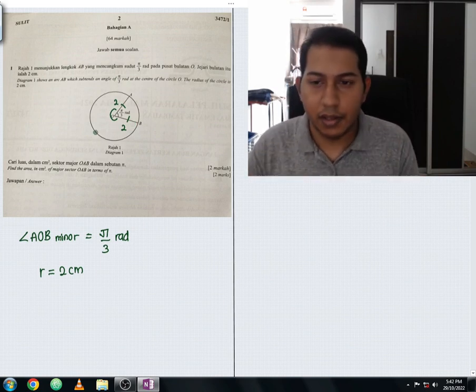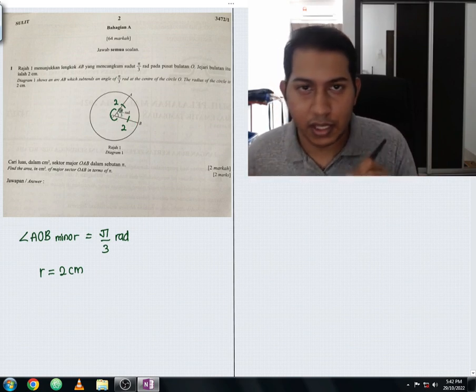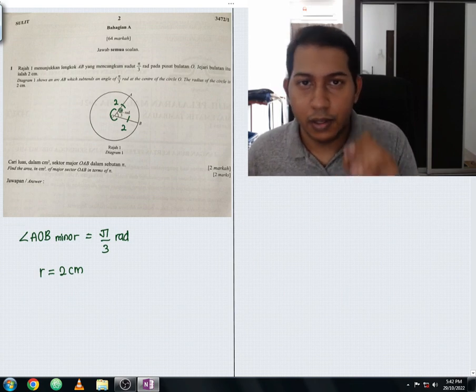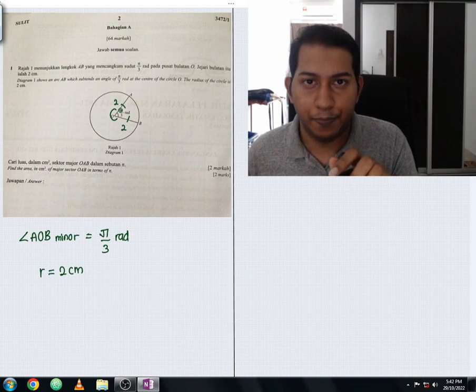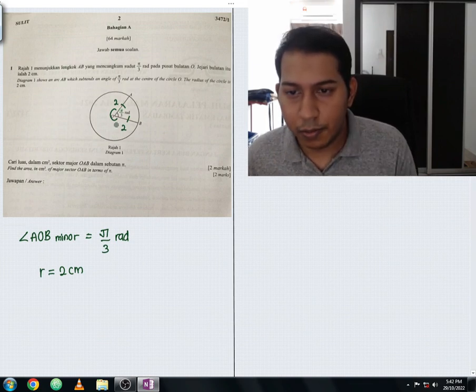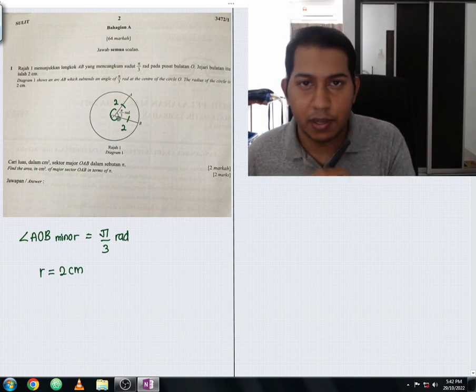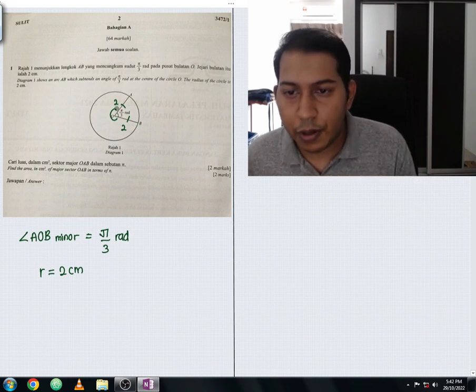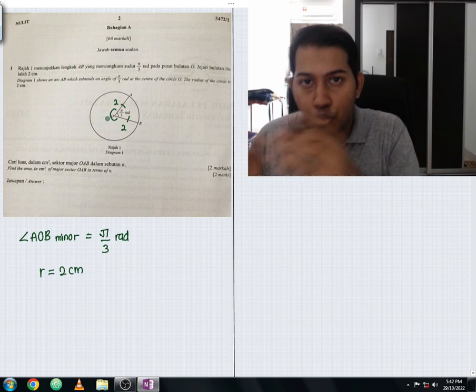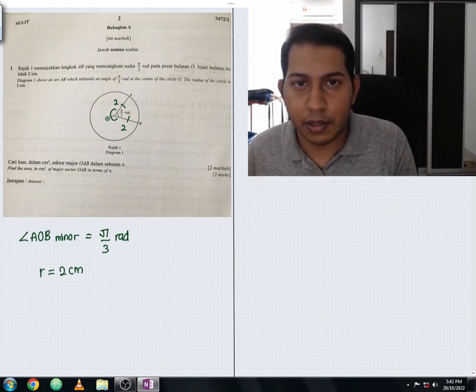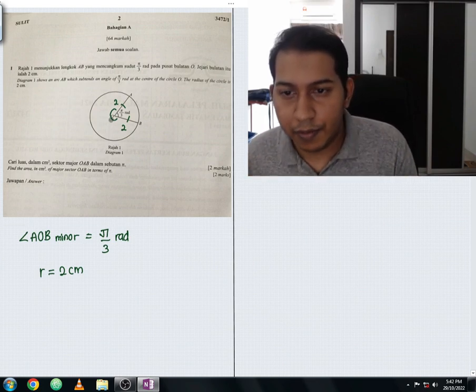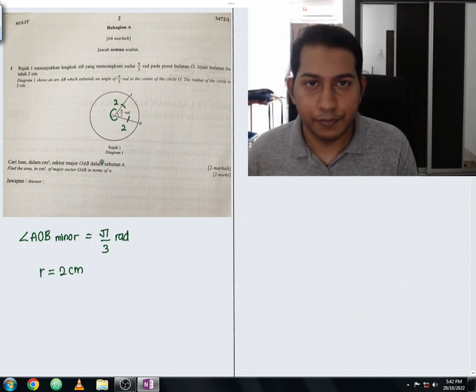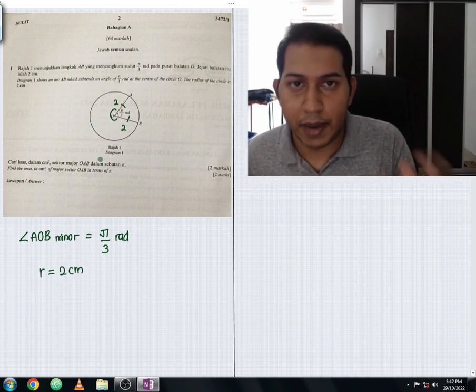Remember guys, the total interior angle of a circle in radian is 2 pi. They already gave us the minor angle, pi over 3. In order to find the major angle, 2 pi minus pi over 3.